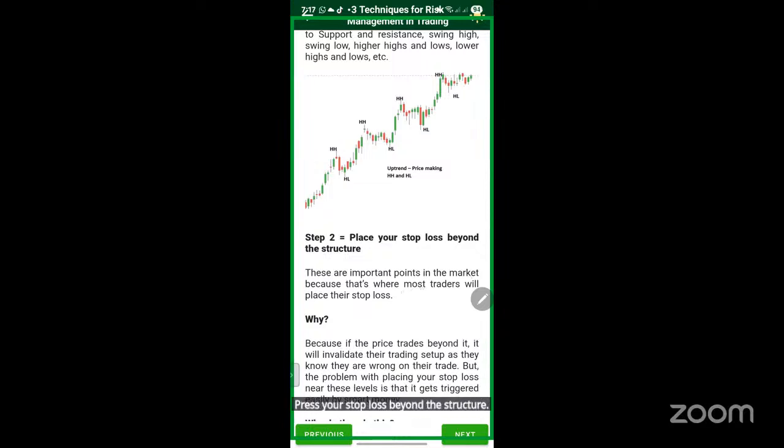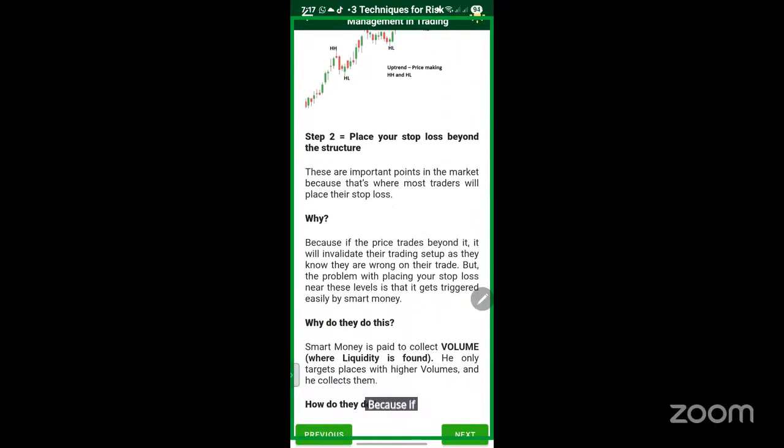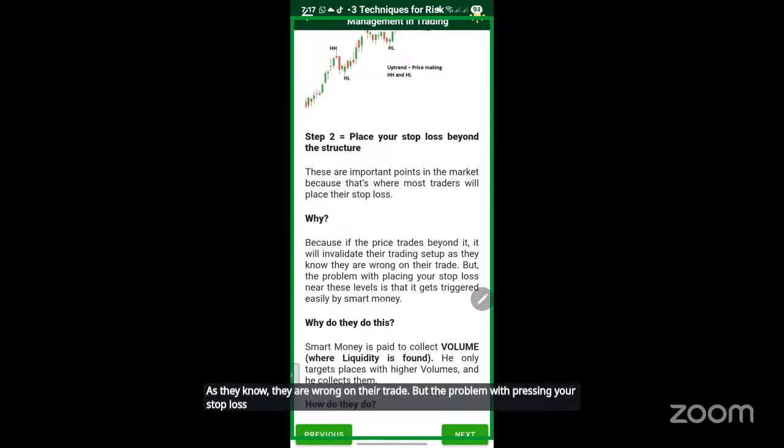There are important points in the market structure, because that's where most traders will place their stop loss. Why? Because if the price trades beyond it, it will invalidate their trading setup, as they know they are wrong on their trade. But the problem with pressing your stop loss near these levels is that it gets triggered easily by smart money.